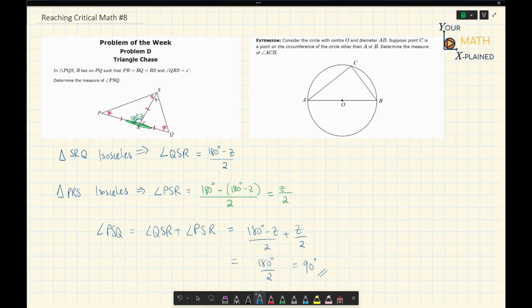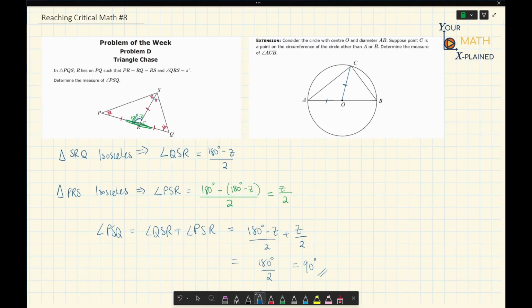And this leads us into our extension problem. So this one has no numbers in it, but what we can observe here is that AO is the radius. That is also equal to OC, that is the radius.